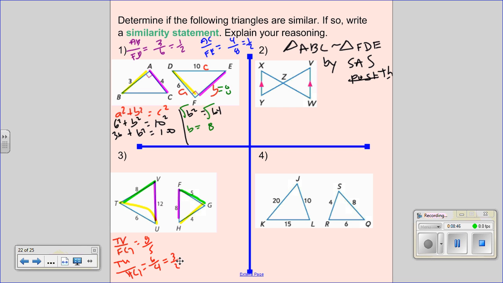Already, they're not matching, so we technically don't need to go any further. So we would have to say no. The triangles are not similar, and it's because the sides are not proportional. The ratios that we just found are not the same, so the sides are not proportional. I will leave you to work on number 2 and 4 on your own.